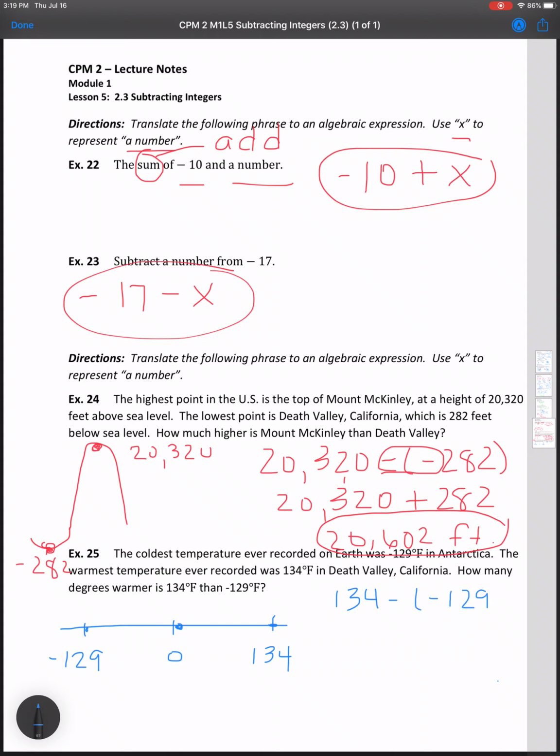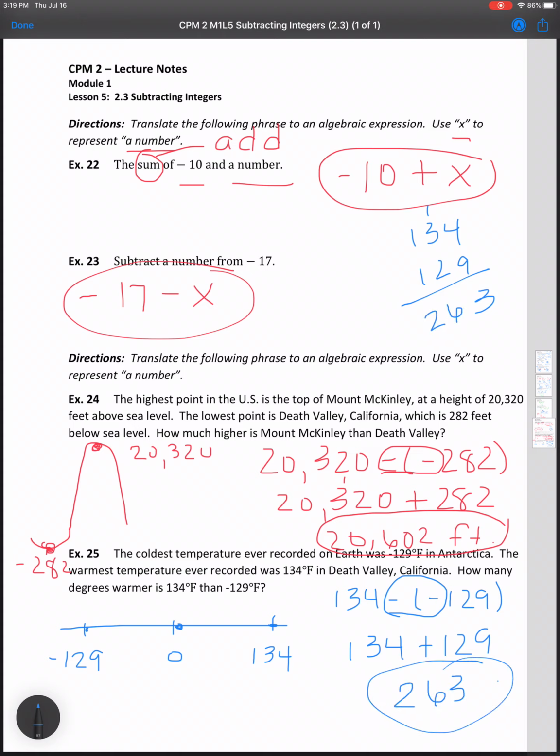But remember, if you're finding the difference of a negative number, what does that mean? That really means to add. So here, if I add 134 plus 129, if I do that quick arithmetic, that's going to be a difference of 263 degrees. And that concludes 2.3, subtracting integers.